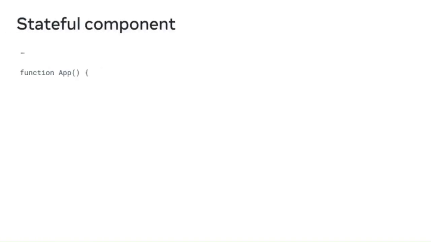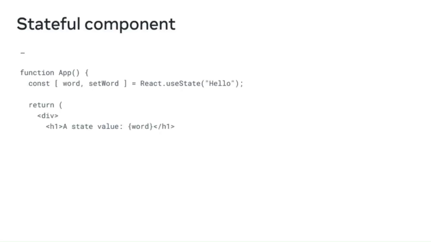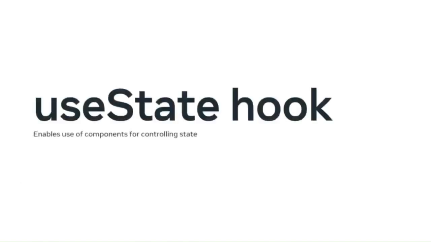With this in mind, let's come back to that line in the stateful component. Notice that the syntax used is similar to the array destructuring example you just examined, but with an interesting bit of code: React.useState. Hooks allow developers to hook into some otherwise inaccessible functionality. For example, to access the state object, you would use the useState hook.